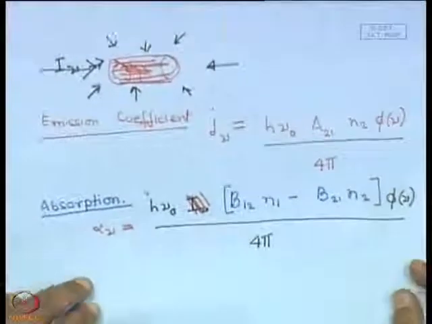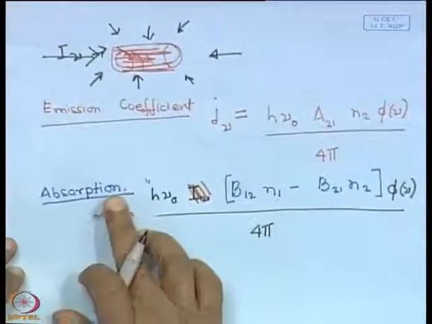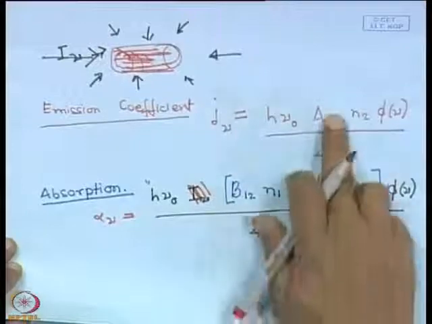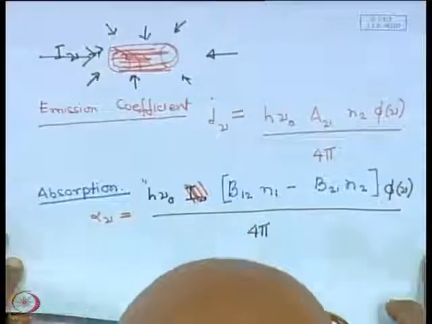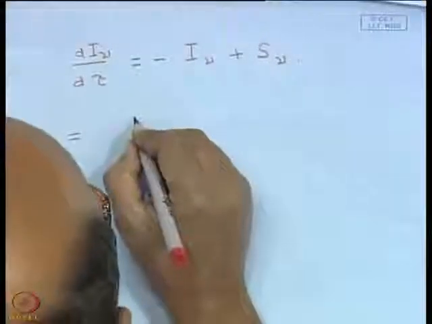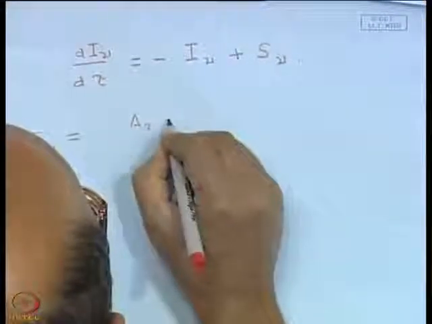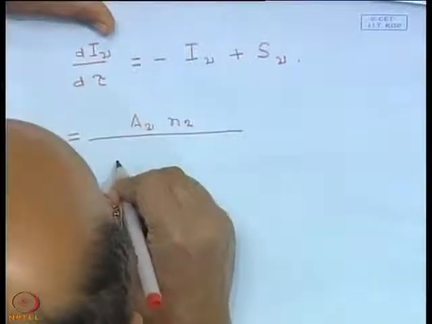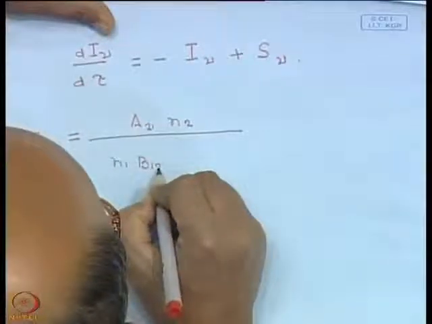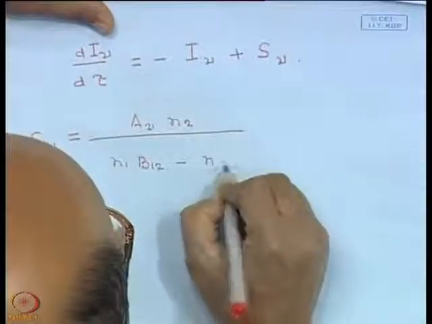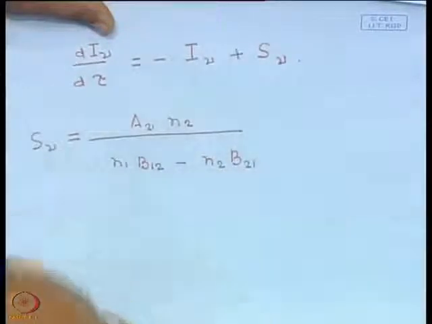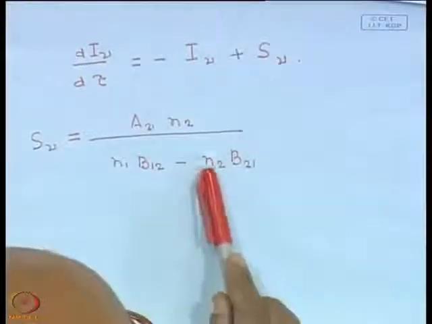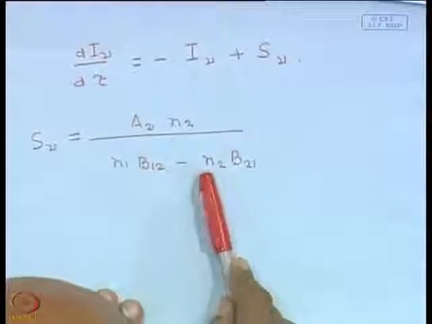The source function is the ratio of the emission coefficient to the absorption coefficient. That ratio you can calculate, we can identify from this, and it is equal to, again let us divide everything by N2 into B21.